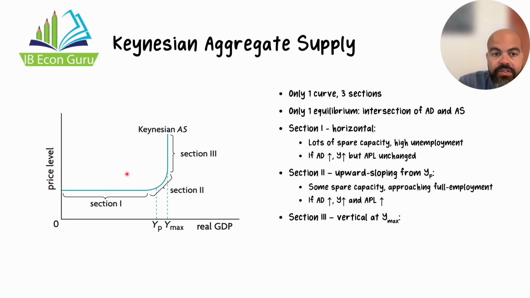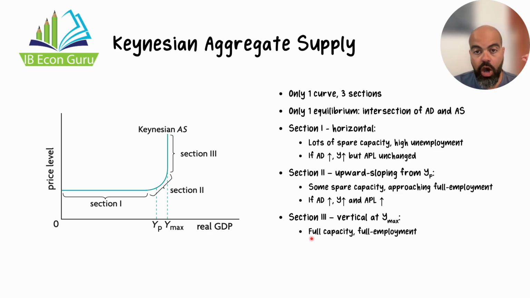Section III is vertical. It is vertical at what Keynesian analysis calls Y max. This is the maximum real GDP that the economy can produce with the quantity and quality of resources and technology available. So section III is completely vertical, which means the economy has reached full capacity, full employment. There are no unemployed resources.